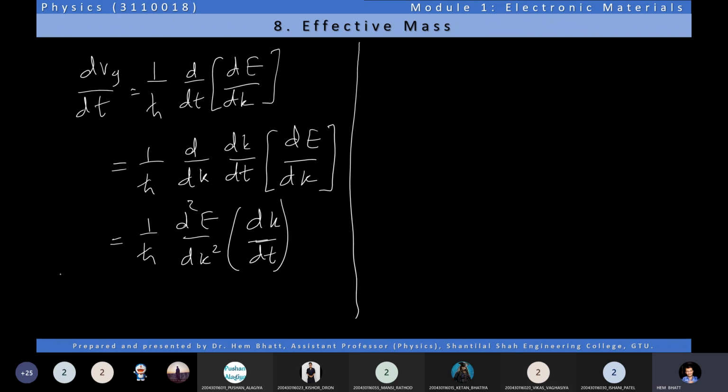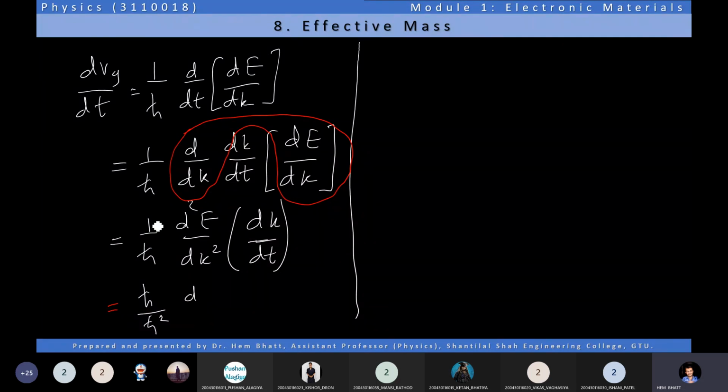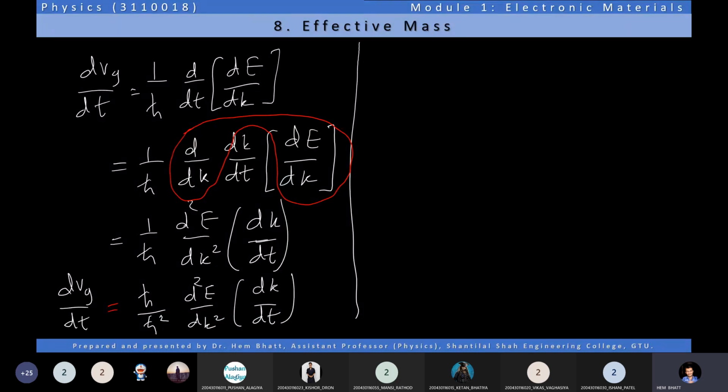What did I do? Instead of this, I have just written d2E by dk square. Okay, no great thing. So then I can write this as h cut by h cut square d2E by dk square dk by dt. This is dVg by dt, that is actually acceleration.